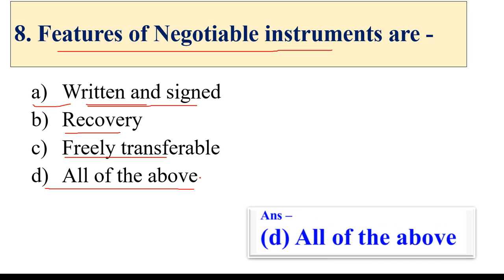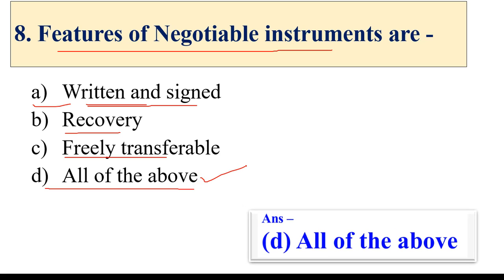The correct answer is all of the above. So a negotiable instrument is in writing, it is duly signed, it can be recovered, and it is freely transferable from one person to another person. So all these features are of a negotiable instrument. So option D is the correct answer.